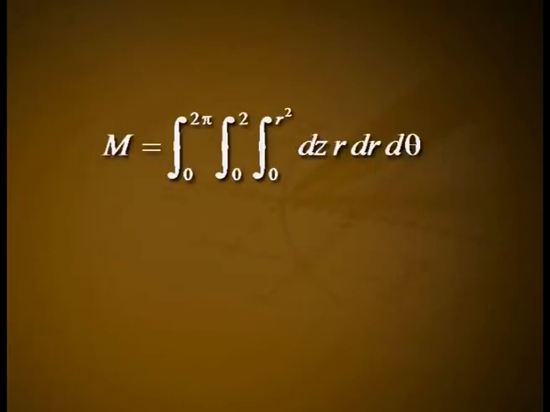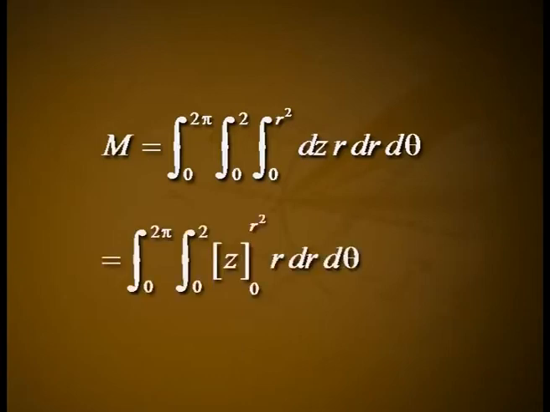Also, the mass is given by M = integral from 0 to 2π, integral from 0 to 2, integral from 0 to r² dz r dr dθ. That is equal to the integral from 0 to 2π, integral from 0 to 2 of z over the limit 0 to r², r dr dθ.